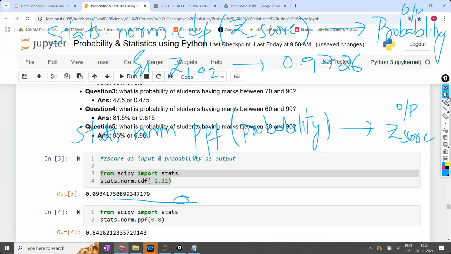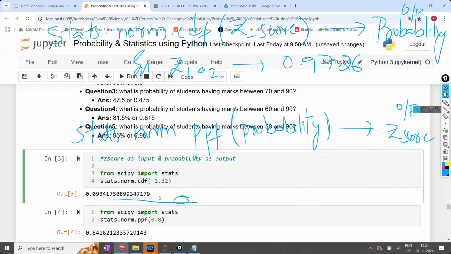Same answer or not? For checking, I'm giving the input as what? Z-score or probability? Z-score is the input. Then what is the output? Probability. So 1.92 gives 0.9726. If you want up to 4 decimals, because the table is giving 4 decimals, let us make it 4 decimals here also.